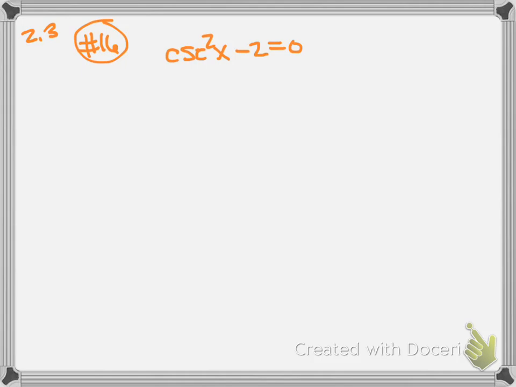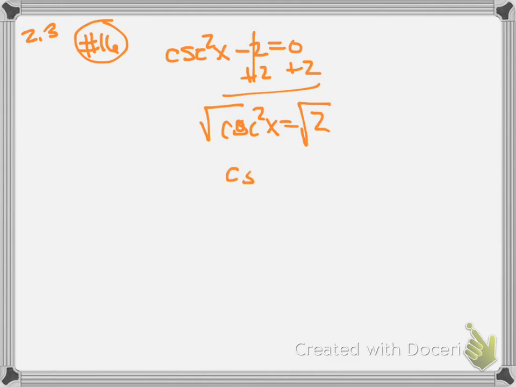Alright, welcome back. So, first thing I have to do is get the cosecant squared by itself. So I get equals 2. Then I'm going to need to take the square root of both sides, which is going to leave me with the cosecant of x equals plus and minus the square root of 2.